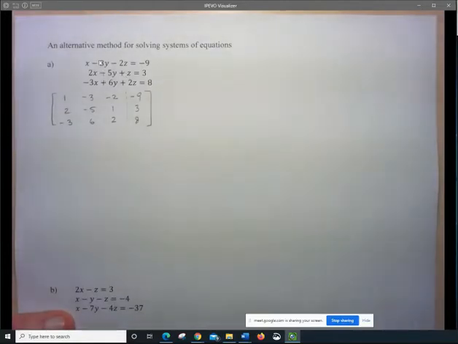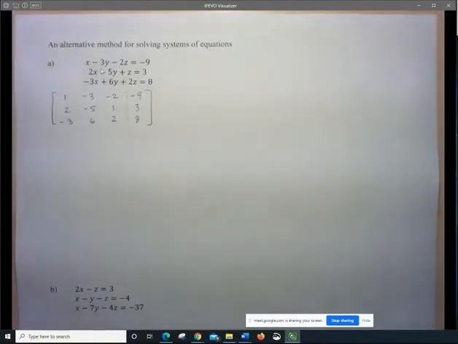Instead of adding and subtracting equations, I'm going to be adding and subtracting rows. Not surprisingly, the goal is still to eliminate terms, except here, when I'm trying to eliminate the x, I'm just eliminating the coefficient. I want to turn this coefficient to 0. But when I add or subtract 2 equations, I'm going to come up with a new equation.